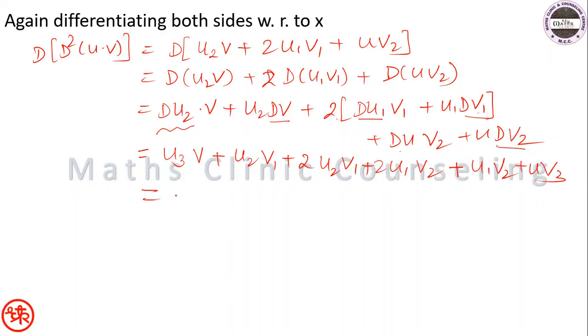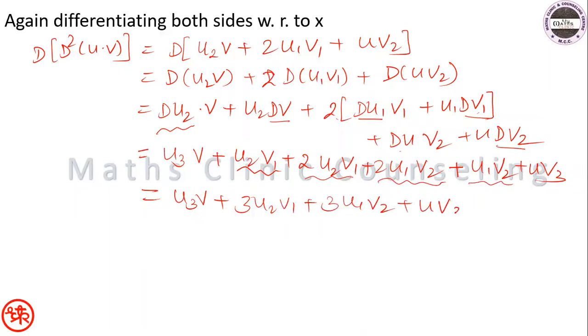So this would be equal to u3 v plus u2 v1 plus twice u2 v1, that is thrice u2 v1, plus twice u1 v2 plus u1 v2, that is thrice u1 v2, plus u v3. In the previous slide I told you 1 3 3 1 would come next. So this is the formula for d3 of u into v, d of d square, so d3 is done. The formula is ready.